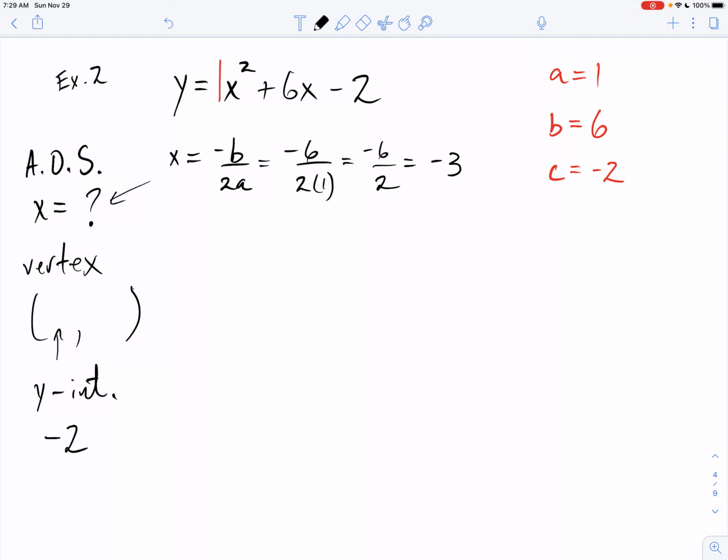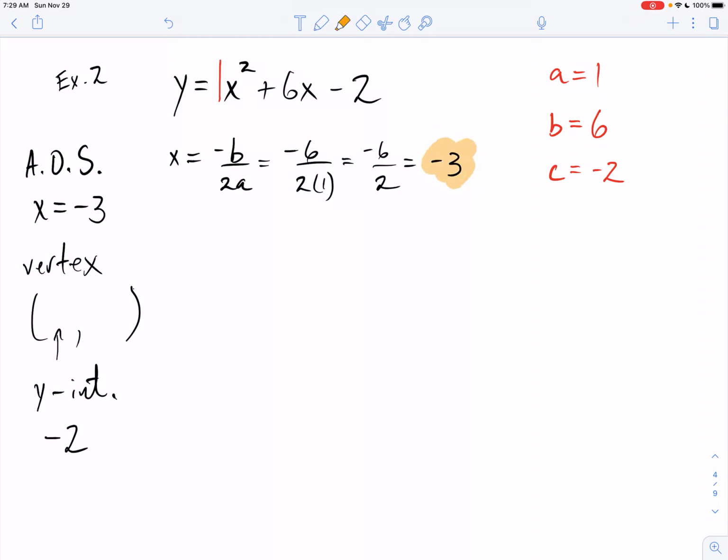So I'm going to go over here to this question mark that I drew earlier, and I'm going to say, hey, I know exactly what you are. You are -3. So I know there's a vertical line. Anything that says x equals a number is a vertical line that cuts right down the center of my parabola at -3.